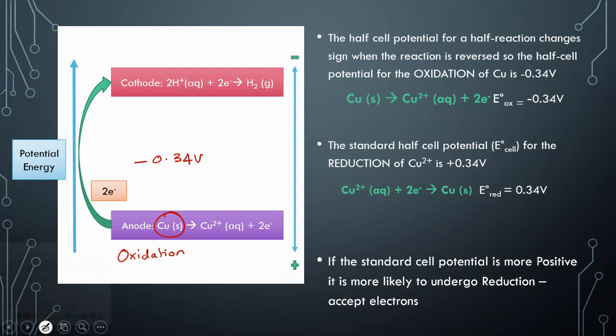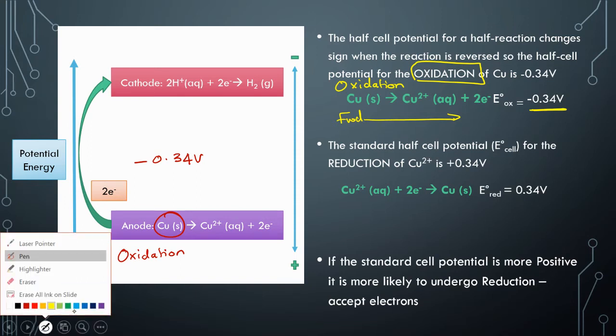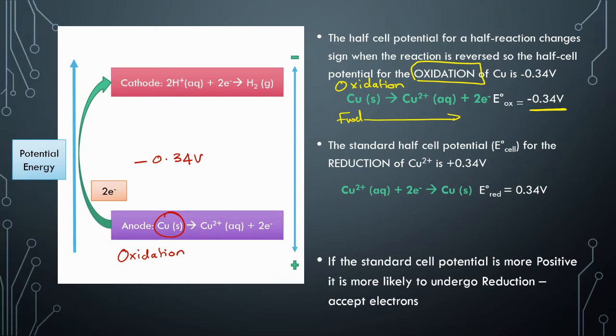This is the opposite of what happened at the zinc. In the forward reaction for copper, you got a negative value. This is for the oxidation of copper. Copper losing electrons gives you a negative half cell potential. But if copper were to gain electrons, meaning copper 2 plus and two electrons would combine, this is the reverse reaction from the top.